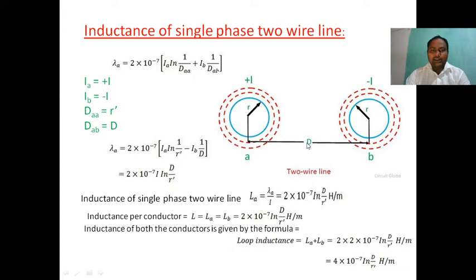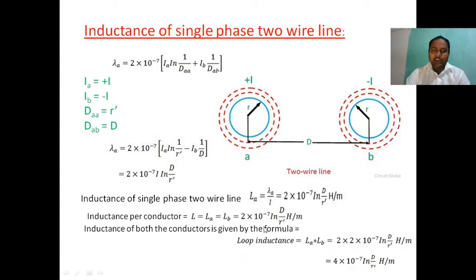So the inductance of both the conductors is given by the formula. Conductor A having inductance LA, conductor B having inductance LB. So they get 2 into 2 into 10 power minus 7 log D by R dash Henry per meter. So finally we get 4 into 10 power minus 7 log D by R dash Henry per meter. This is the loop inductance formula.